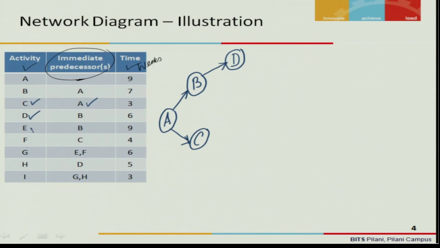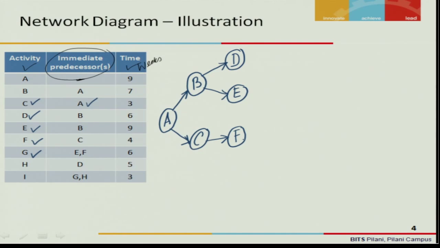The next activity is E. E also has its predecessor as B, so I put E here and connect it with B like this. F has its predecessor C, I put it here, connect it like this.